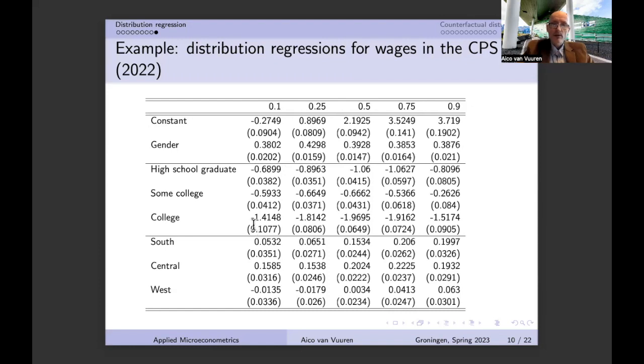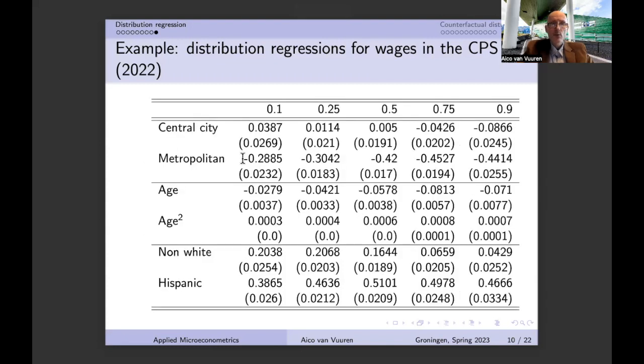So what we see in addition is that even though we see some differences over the distribution, the pattern is not that clear. We do see that it first increases, but at the last decile, it actually decreases with respect to a college degree. Again, we cannot say too much with respect to the differences with respect to regions, but we can, of course, again look at Central City.